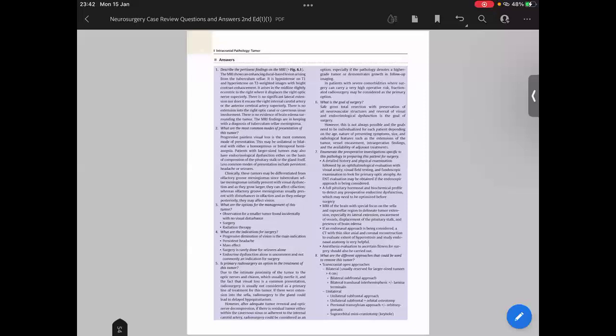And if an endonasal approach is being considered, a CT with thin slice axial and coronal reconstructions to evaluate extent of hyperostosis and study endonasal anatomy is very helpful. Then we must have a pre-anesthetic assessment to ascertain the fitness of the patient for surgery.